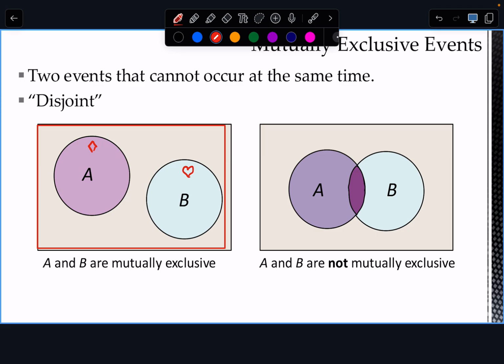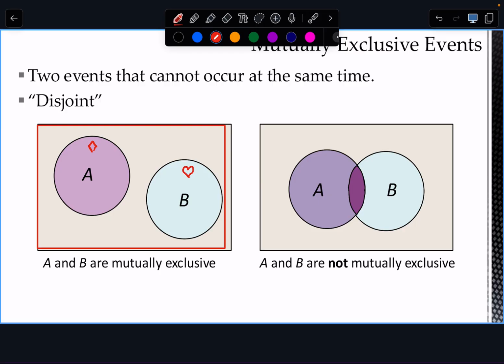Are there any cards in our deck that are both a diamond and a heart? No. So that's what we mean by mutually exclusive. The 13 diamonds and the 13 hearts are completely separate from one another. Those are disjoint events.